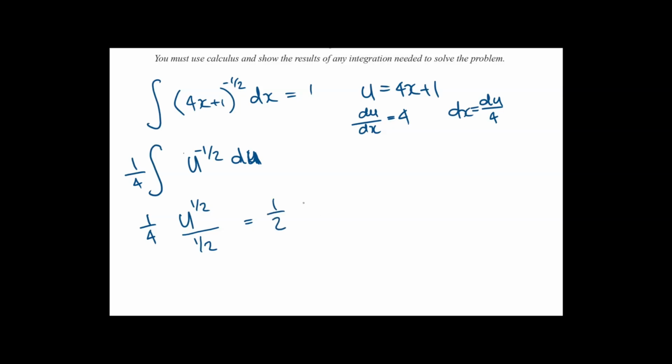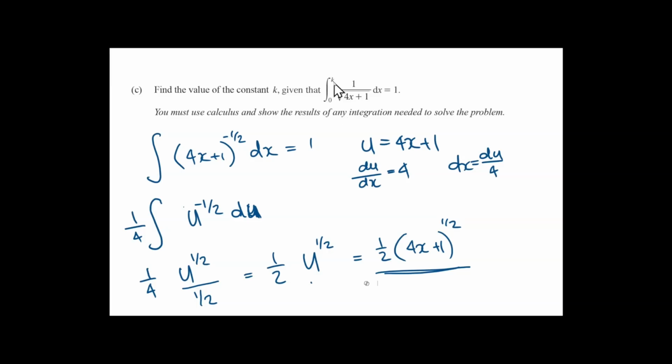So we get half times the square root of 4x plus 1. That's the indefinite integral done.